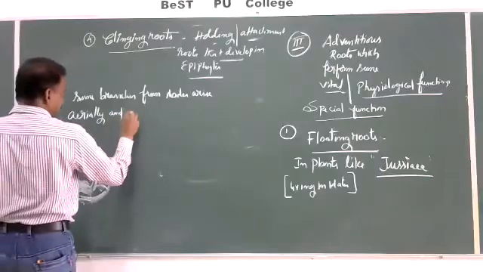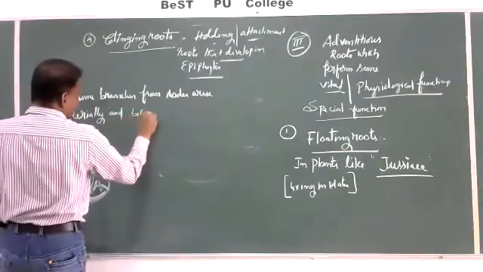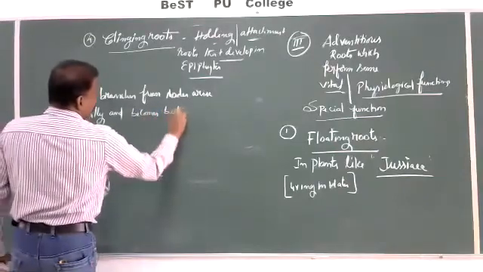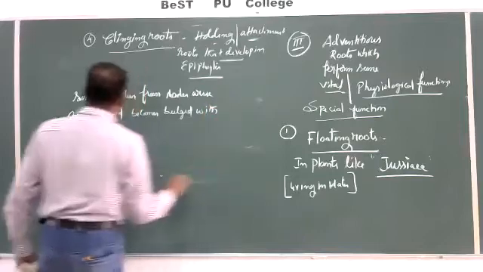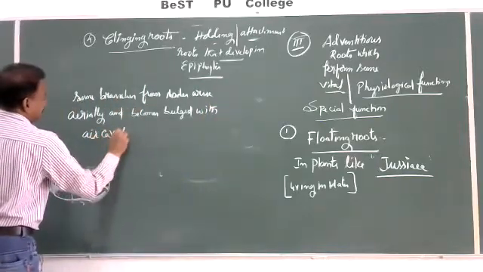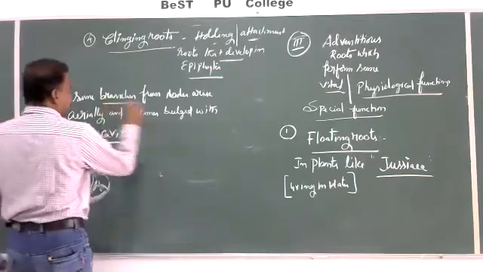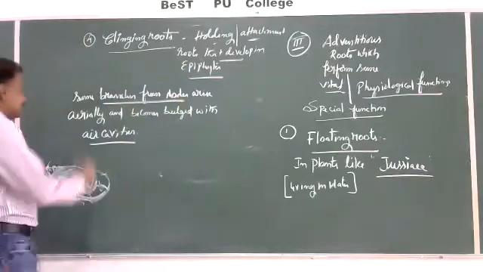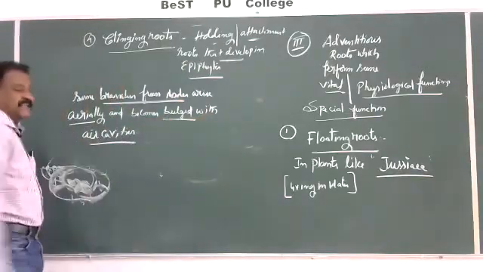and become bulged with air cavities. Some branches from the nodes arise aerially and become bulged with air cavities.